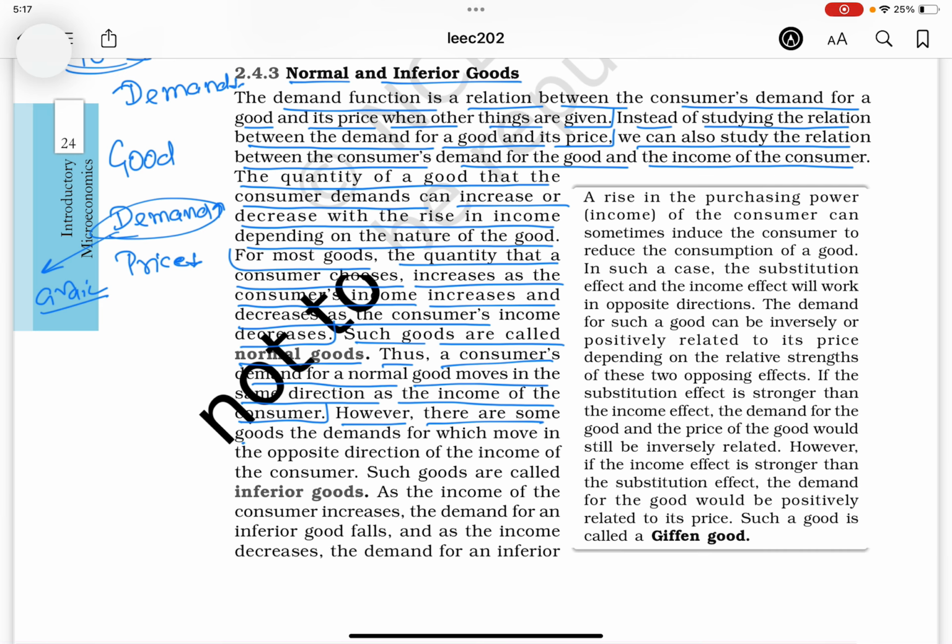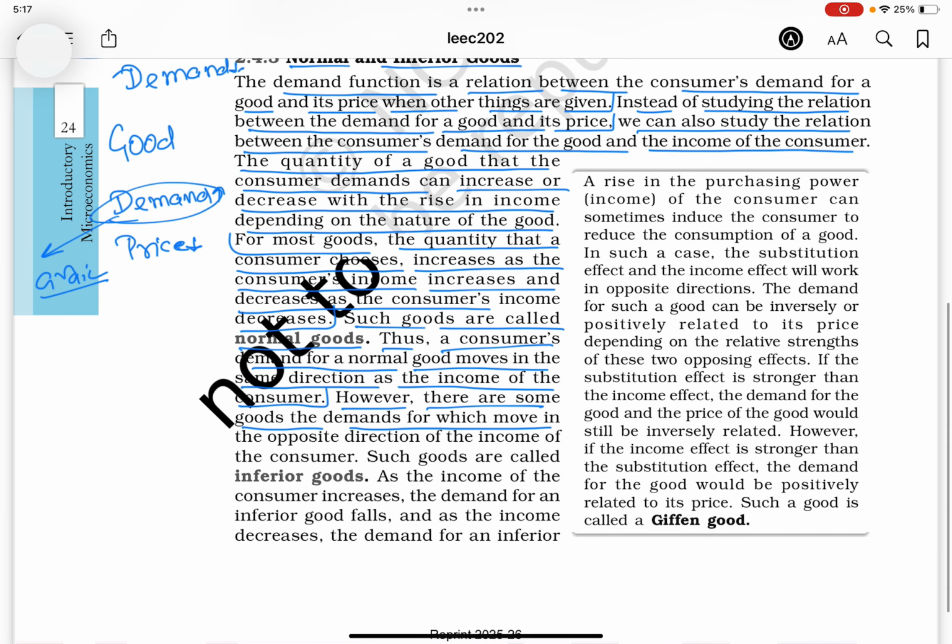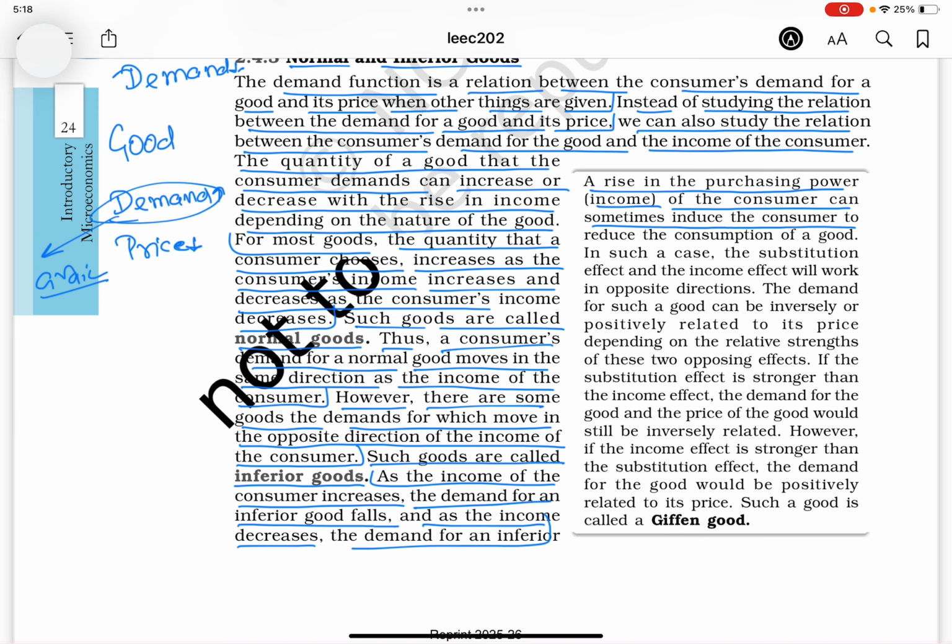However, there are some goods the demand for which moves in the opposite direction of the income of the consumer. Such goods are called inferior goods. As the income of the consumer increases, the demand for an inferior good falls, and as the income decreases, the demand for an inferior good rises. A rise in the purchasing power of the consumer can sometimes induce the consumer to reduce the consumption of a good.